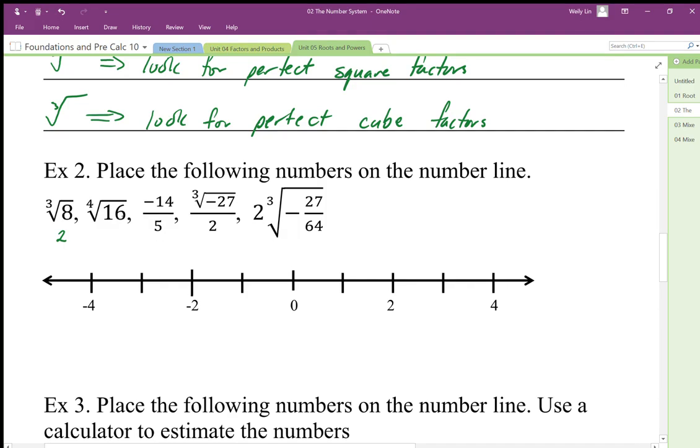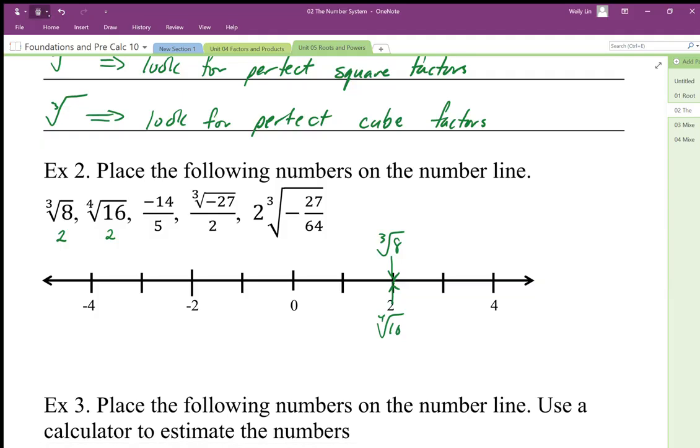The fourth root of 16 is a perfect power 4, so when we take the fourth root, they undo each other, so we get 2. So cube root 8 and fourth root of 16 are in the exact same spot. They're both equal to 2.